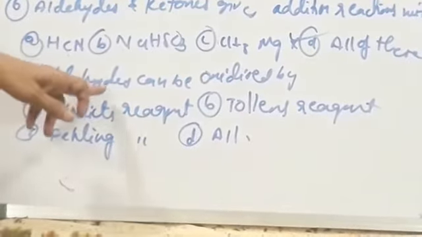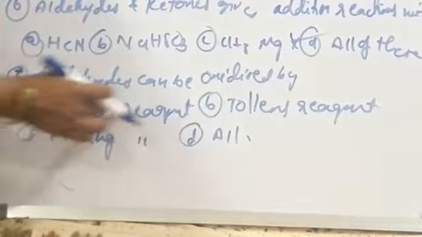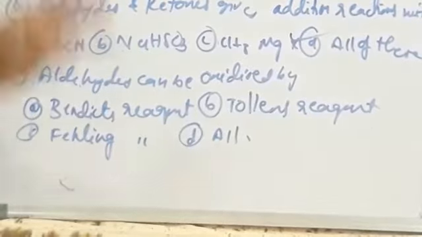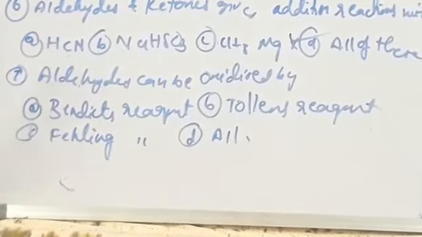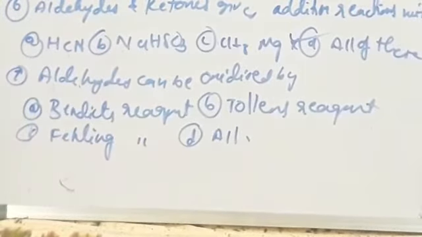Next, aldehydes can be oxidized by Benedict's reagent, Tollens reagent, Fehling's reagent. So with these reagents we can distinguish between aldehydes and ketones. Aldehydes give a test with Benedict's reagent, which is a mixture of copper sulfate and sodium citrate solution, and Fehling's reagent, a mixture of alkaline copper sulfate and sodium tartrate solution. Sodium tartrate means Rochelle salt solution, sodium potassium tartrate solution.